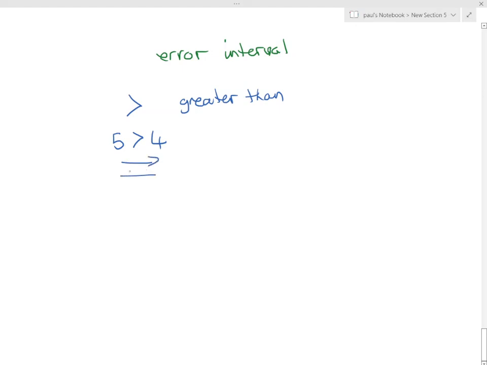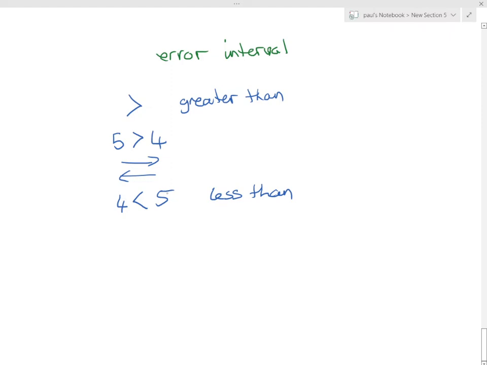If we read it from right to left, it would be less than. 4 is less than 5, so we can go backwards and forwards, and this sign can also go backwards and forwards as well. So if we had the sign that way round, we'd have 4 that side, 5 that side, and that sign going that way would be less than if we read it from left to right.